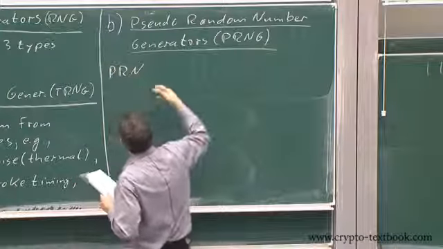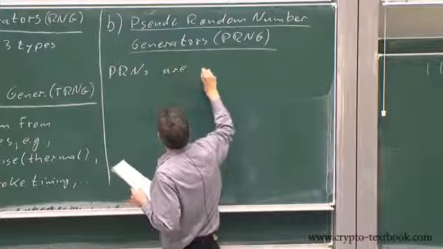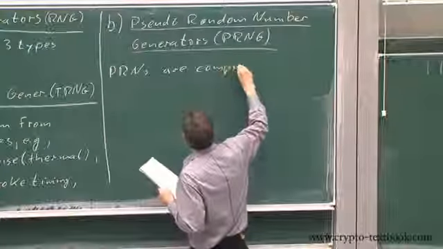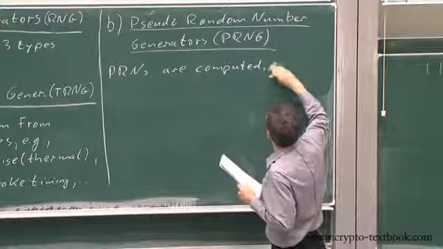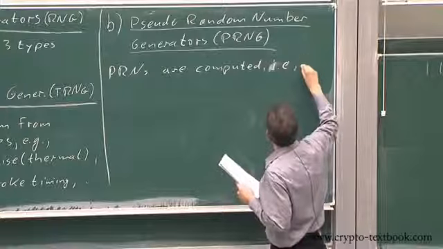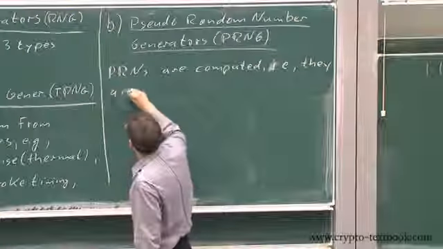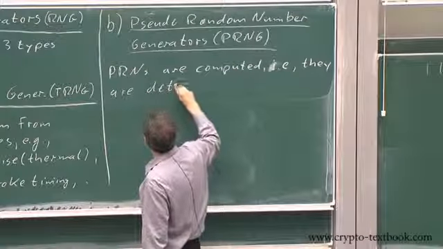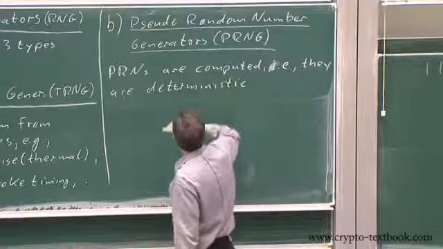So pseudo-random numbers, without the G, PRNs, are computed, i.e., they are deterministic.